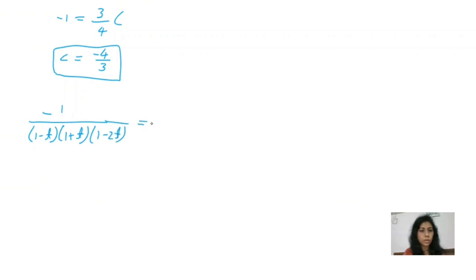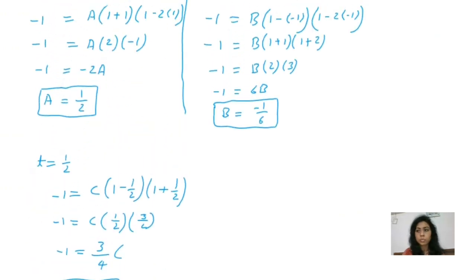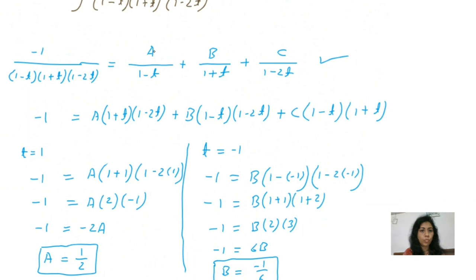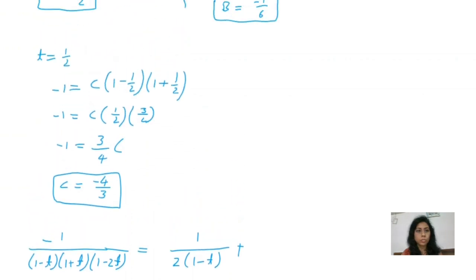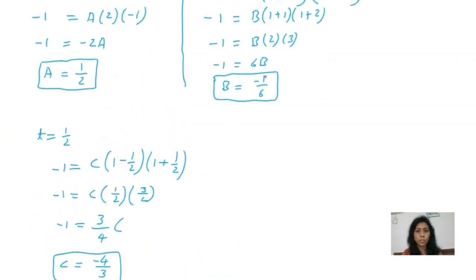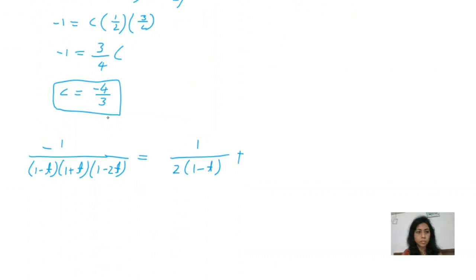What is the A value? The A value is 1 upon 2, so we put 1 upon 2 over (1 minus t). What is the B value? The B value is minus 1 upon 6, so we write minus 1 upon 6 over (1 plus t).